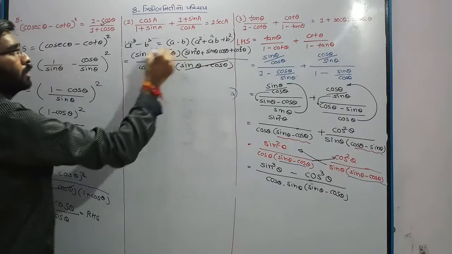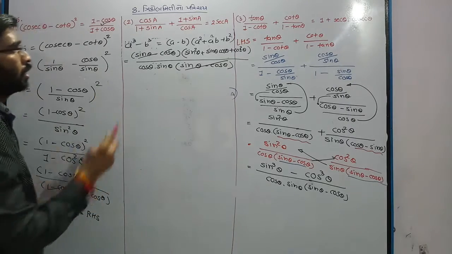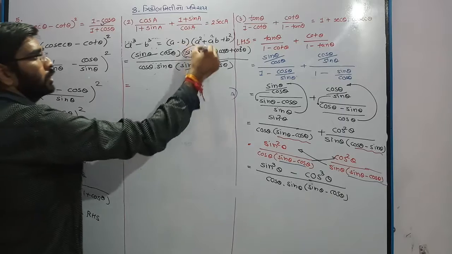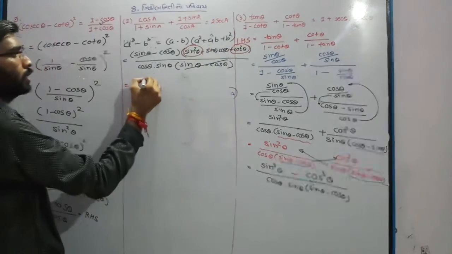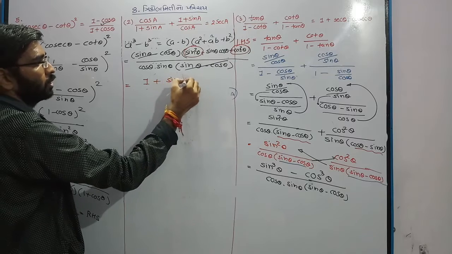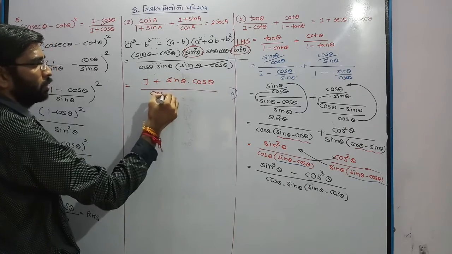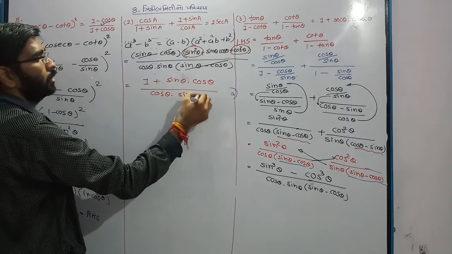The brackets of sin theta minus cos theta cancel, and sin square theta plus cos square theta is 1, plus sin theta into cos theta, upon cos theta into sin theta.